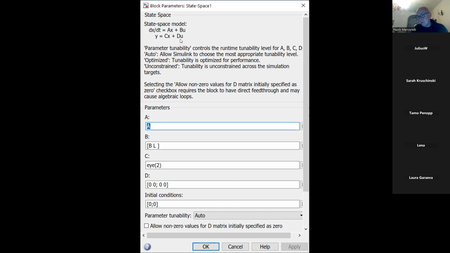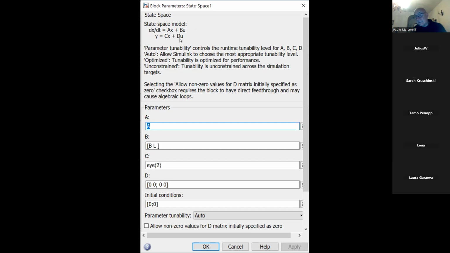Because the output Y has a number of rows equal to the number of rows of C, this means it should be the same number of rows in D. But D is multiplied by U on the right.